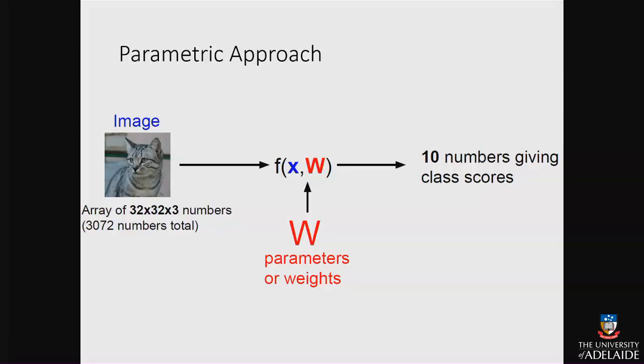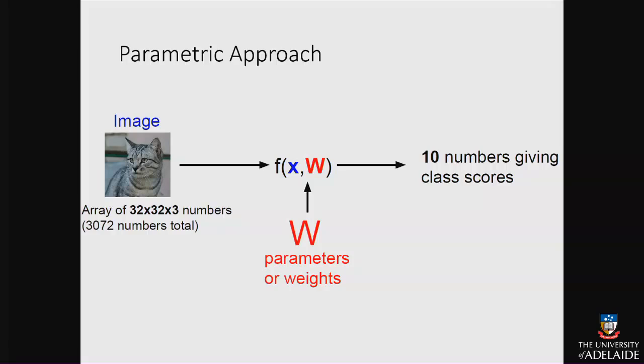Here x is the input, so x is the image. The output of the function is 10 numbers giving the class scores. Because we have 10 classes, we want to classify this image into one of the 10 classes. So ideally we have 10 numbers, where each number gives a score of whether this image belongs to that class.